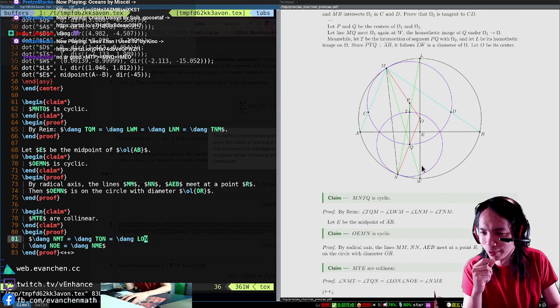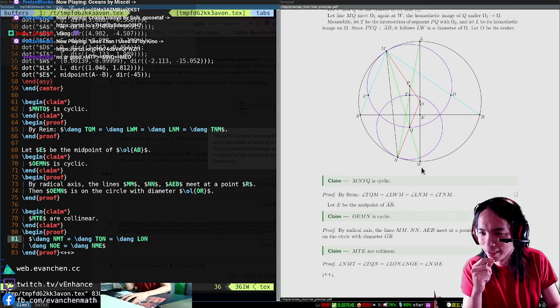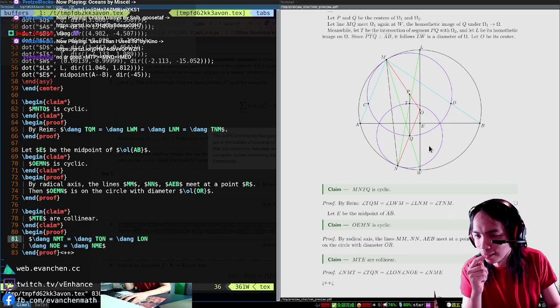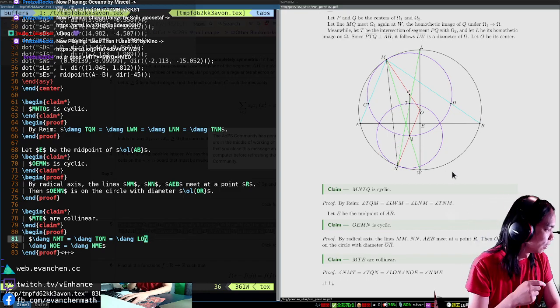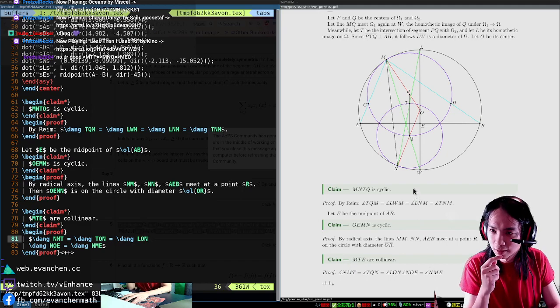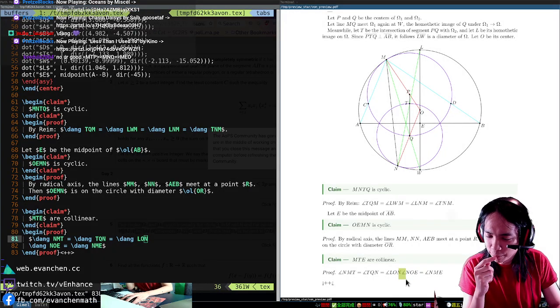So something's wrong. NMT. Wait, why are these off by a factor of 2? That's not supposed to happen, right?